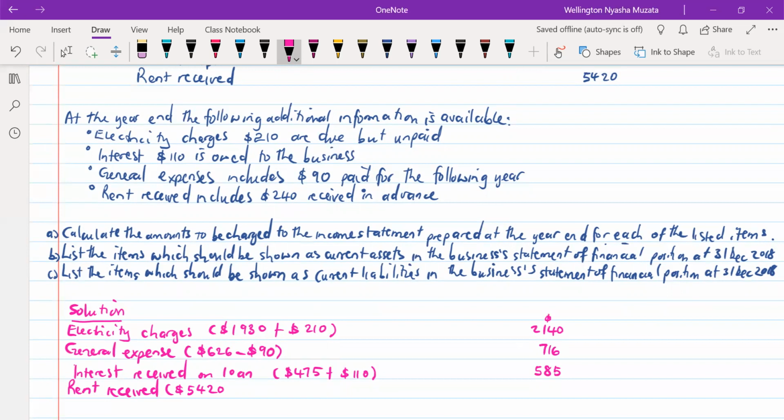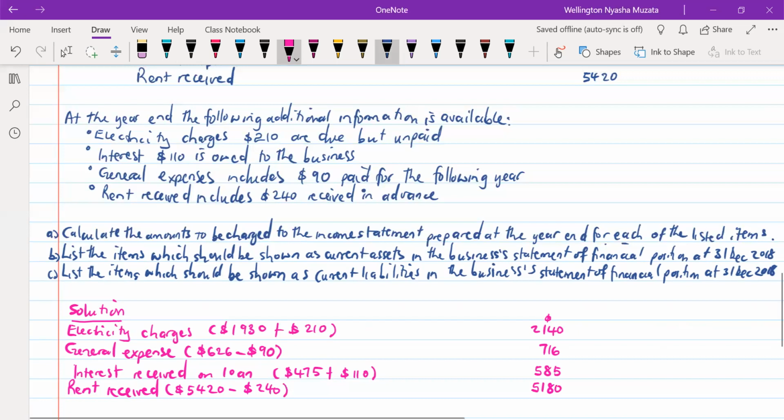So that has to be subtracted. We have 5,180. That is supposed to be added onto the gross profit under complementary or other income.